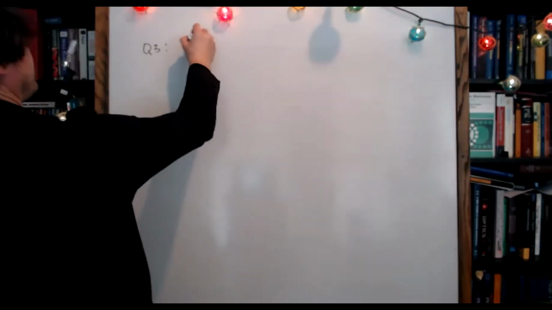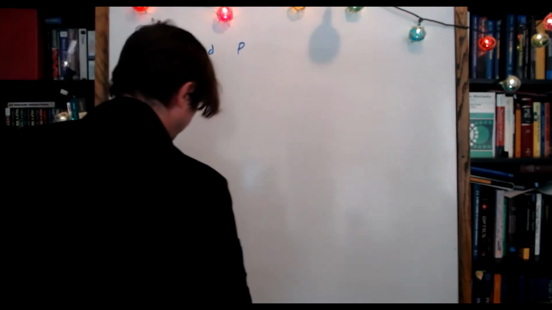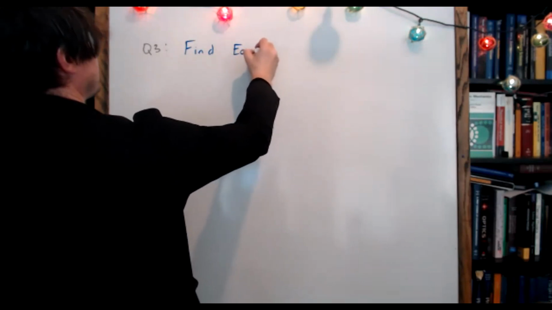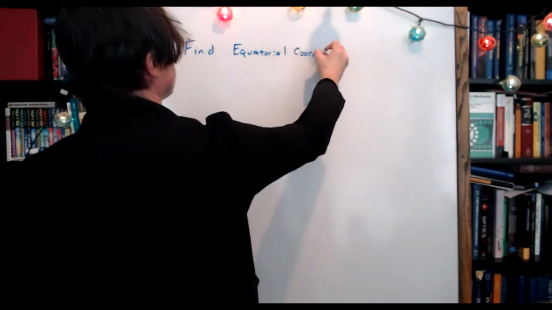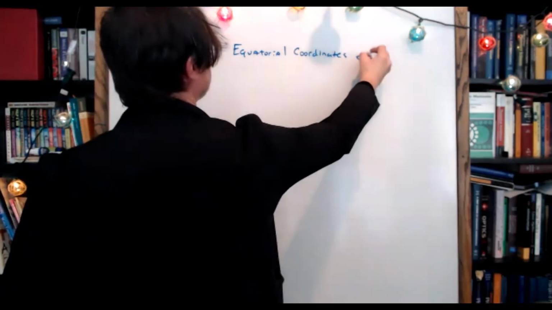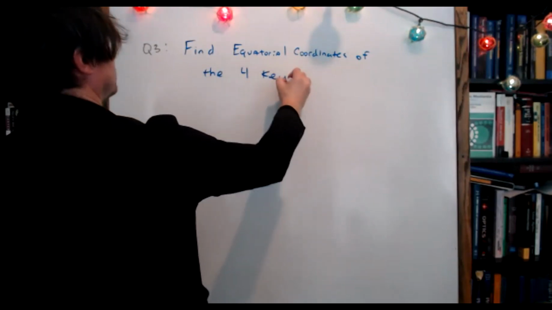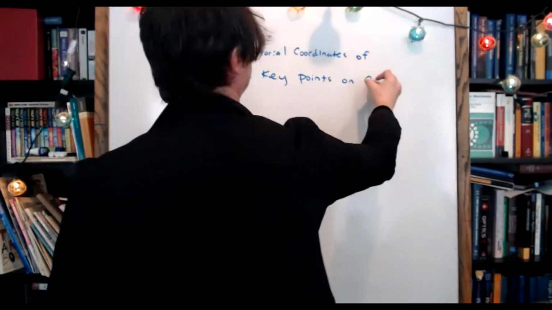So I'm going to stick to blue because my black markers are dying here. Find the equatorial coordinates of the 4 key points on the celestial sphere.